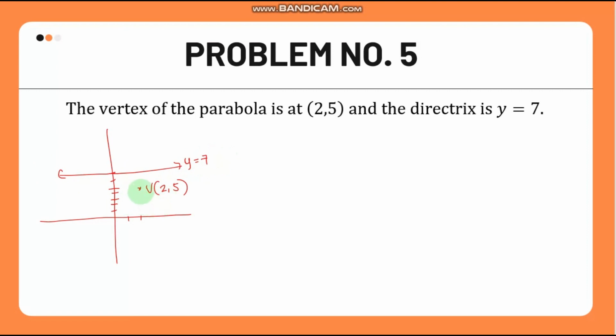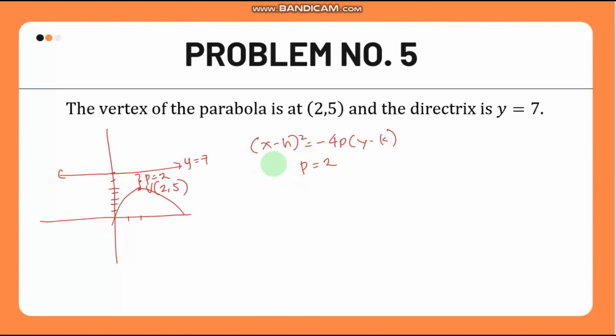By looking at the given, the parabola opens downward also. So, since the vertex is not at the origin, our equation would be x minus h squared equals negative 4p y minus k. But p is the distance from the directrix to the vertex also, which is 7 minus 5, 2. So, p equals 2.